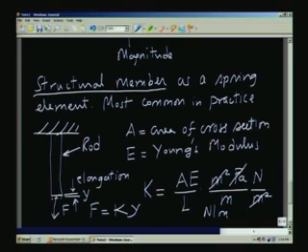For getting different values of K, if I make it a larger cross section area, it becomes stiffer. So, A is the stiffening mechanism, and if you make it longer, it is going to become less stiff. So, the ratio of area of cross section to length determines the value of K once you have chosen the material.